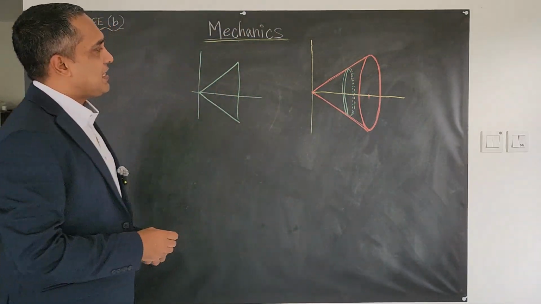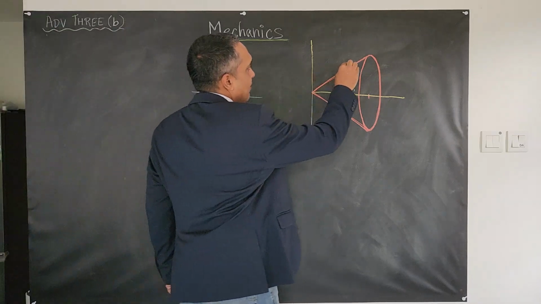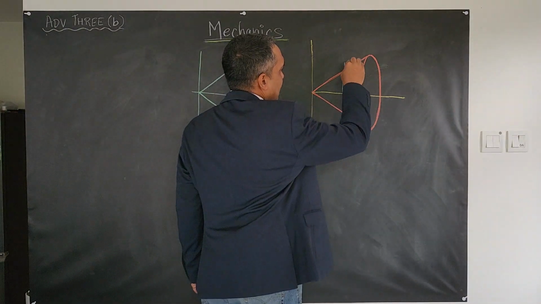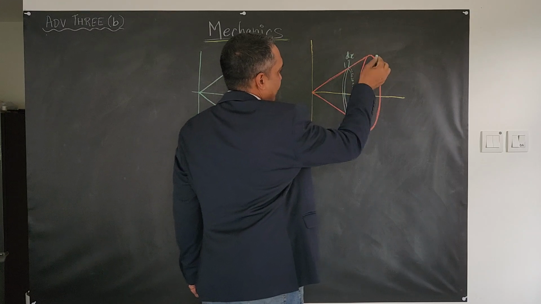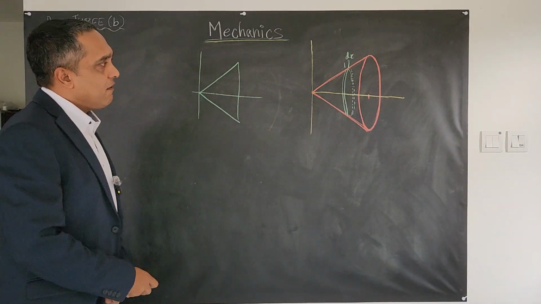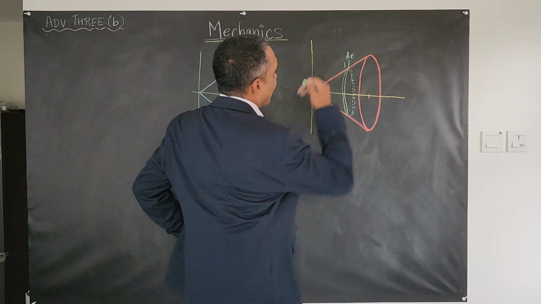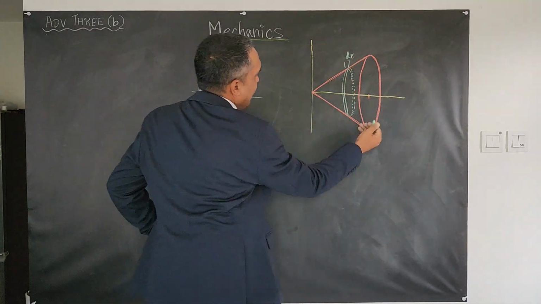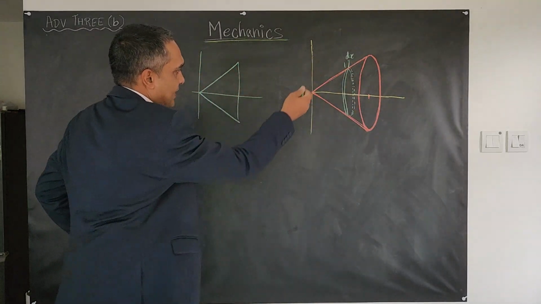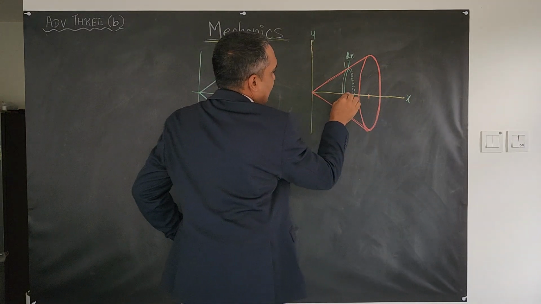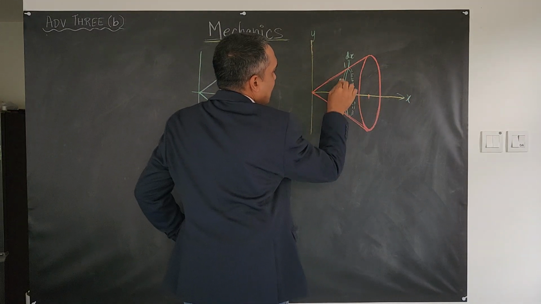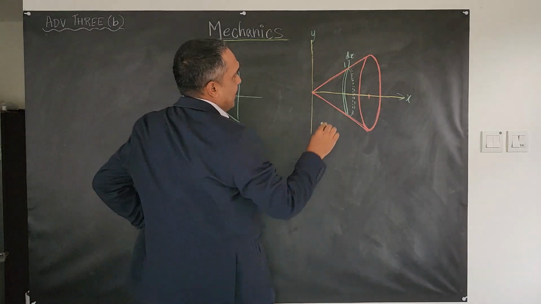We take a tiny slice of this. It acts as a disc of thickness, I'm skipping the delta x. You guys are integration students. I've got my dx there, and now I have a circle, right? So the area of that circle, and obviously this is y and this is x, this is the axis. So I've got my x and dx there.